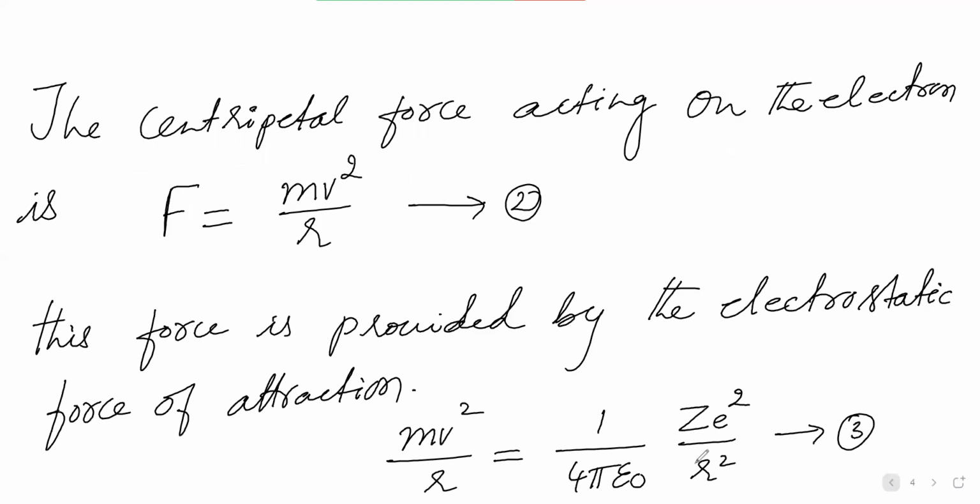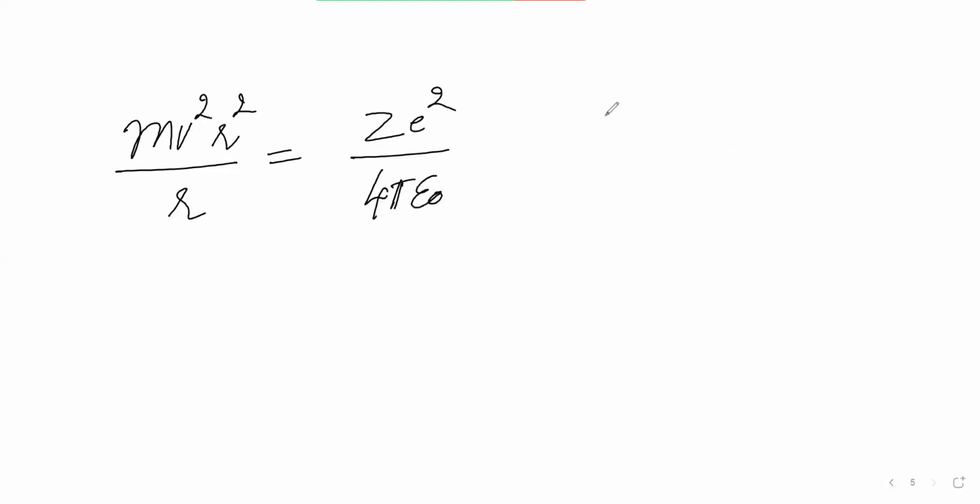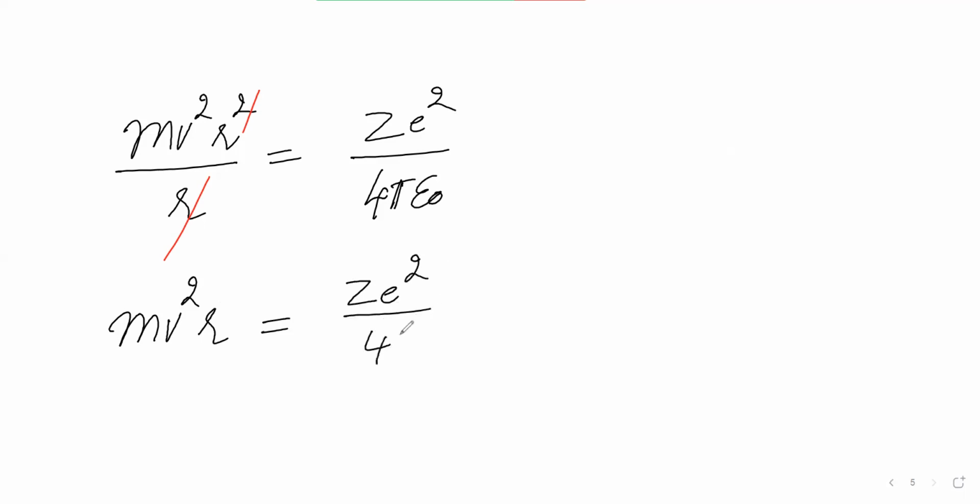Is it right? So I just cross multiplied to here. And now what will happen? This r and this r will get cancelled each other. So now we are left with mv square r equals Ze square divided by 4 pi epsilon naught. Right?